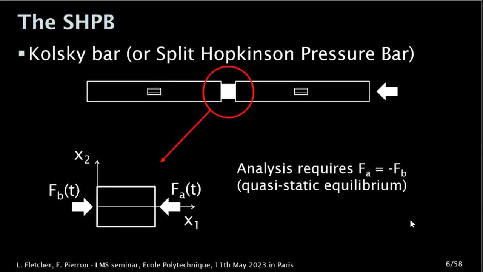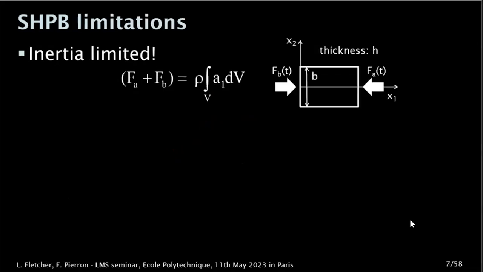One of the major drawbacks is that the analysis to obtain the material properties from the reading of the bars relies on the assumption that the specimen is at quasi-static equilibrium, meaning that the forces on each side of the specimen are equal in magnitude and opposite in sign, of course.